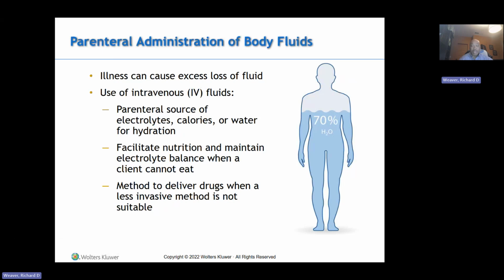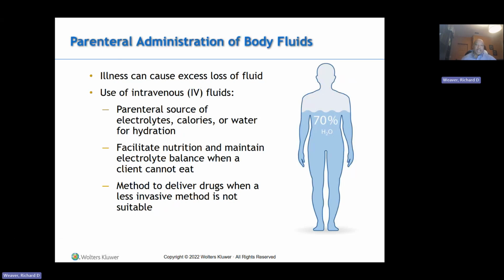It is important for you to have a really basic understanding of fluid management and administration. Now, this particular chapter will give you information about body fluids and also electrolytes, as well as basics on parenteral therapy, meaning IV. Whenever we say parenteral, we mean IV therapy.